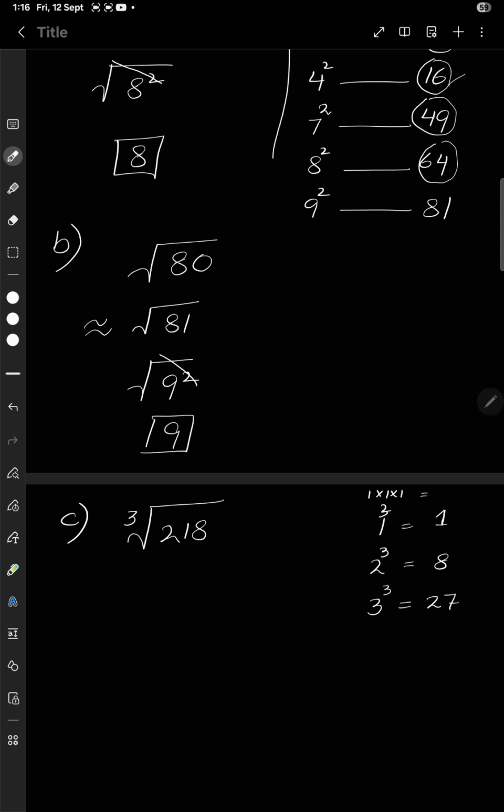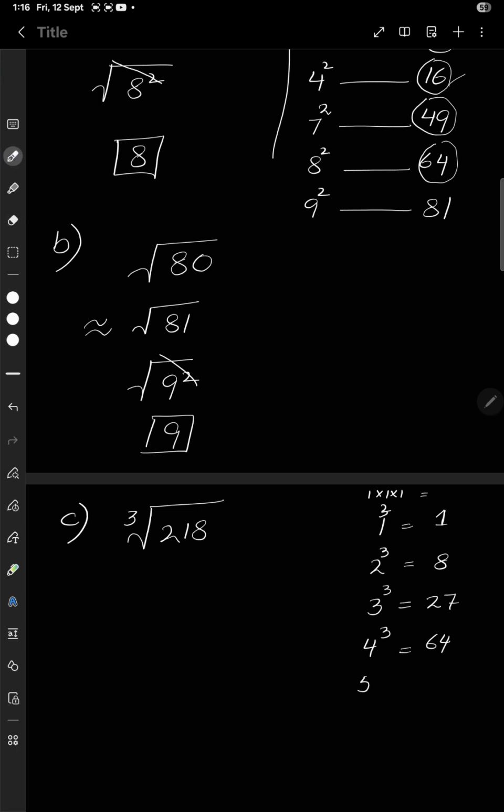Because it will help you a lot in solving so many things, and you can easily get the answers. If I take 4 cube, my answer will be 64. Means if I multiply 4 three times, right? 4 4s is 16, and 16 4s are 64. So 4 cube will be equal to 64.